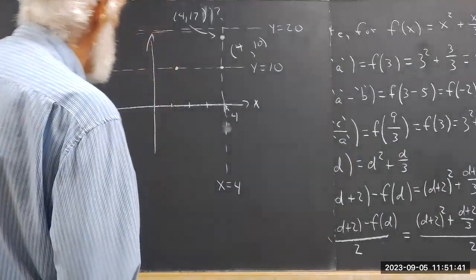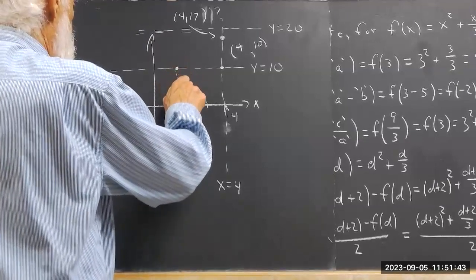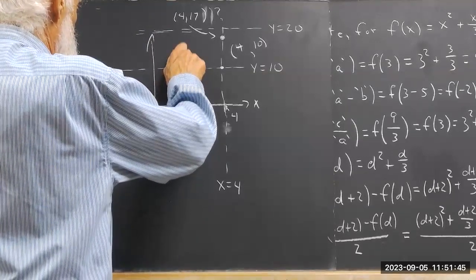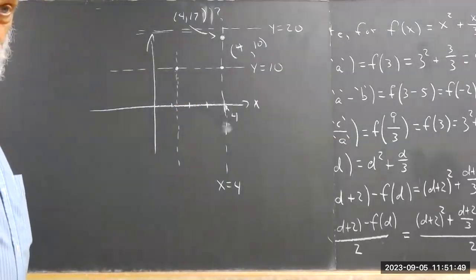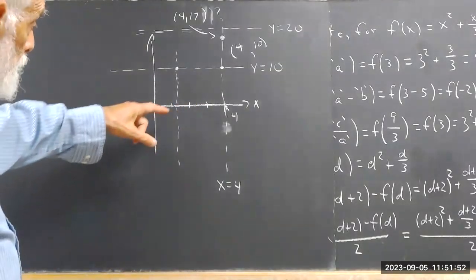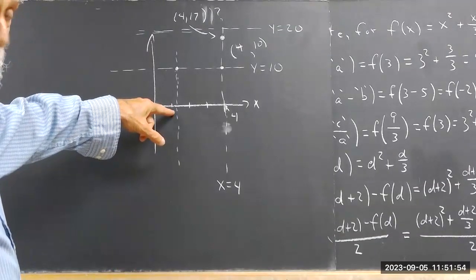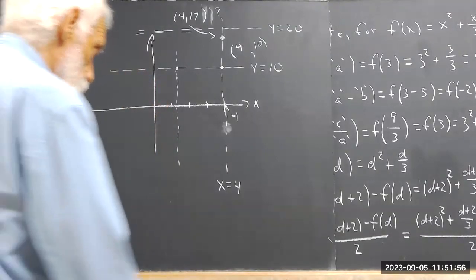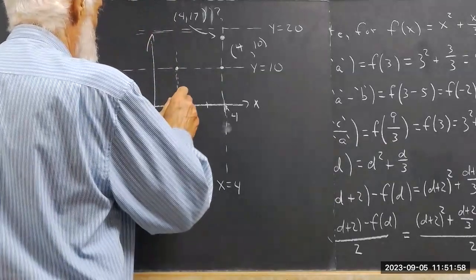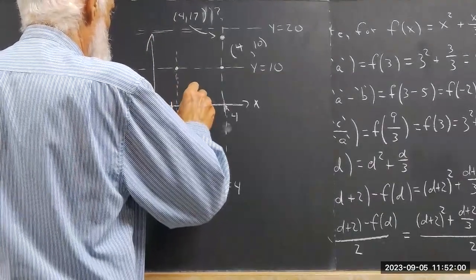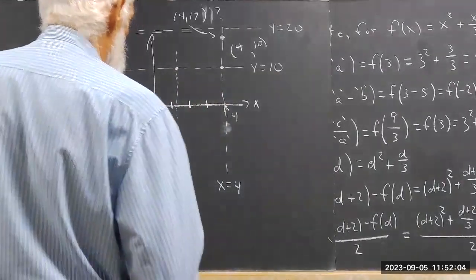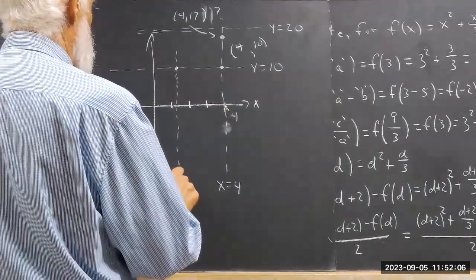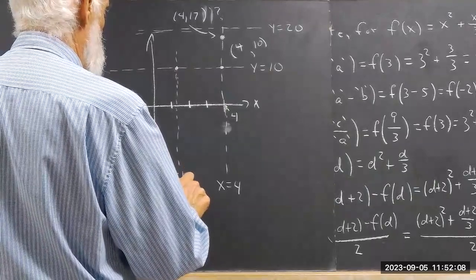To estimate the coordinates at this point, I'll just draw a vertical line through the point so I can see where it hits the x-axis. You can see the marks I've got here: that would be x equals 1, x equals 2, and x equals 3. So it looks like on this line, x equals about 1.3.